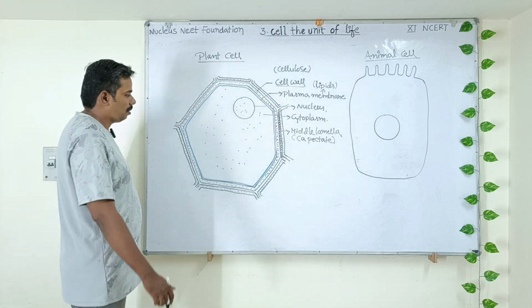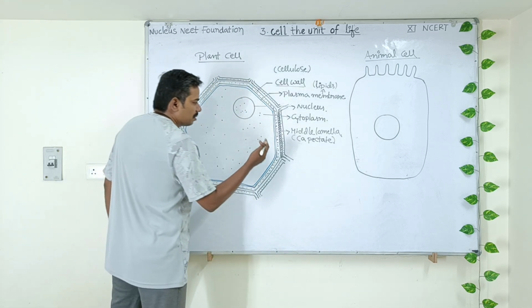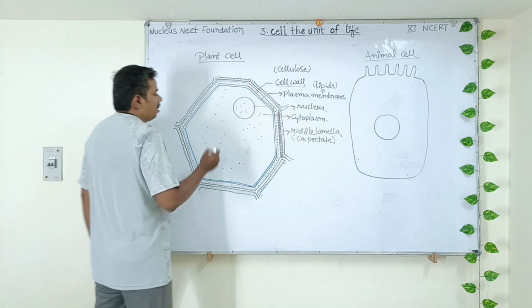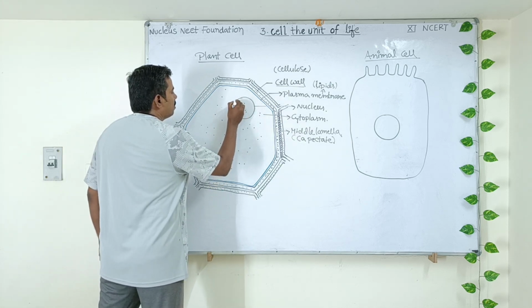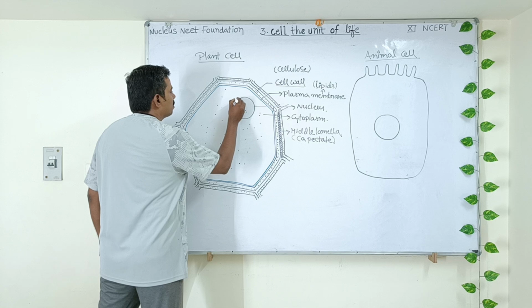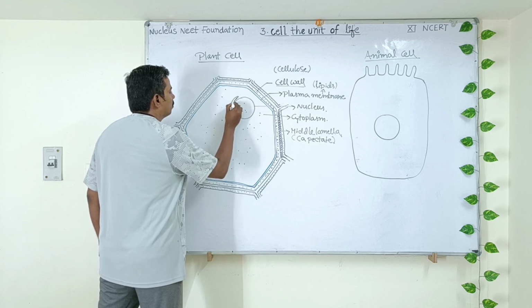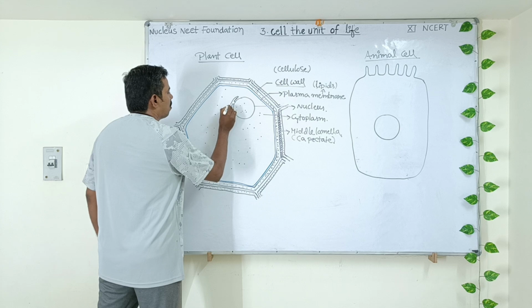Okay. Now, let's see what is there inside the plant cell. Inside the plant cell, surrounding the nucleus, there is network of tube-like structures which is called as endoplasmic reticulum.